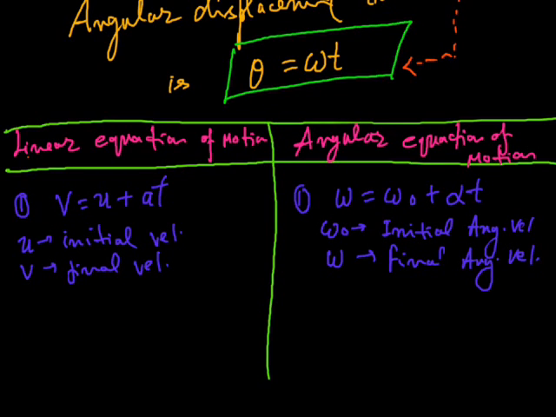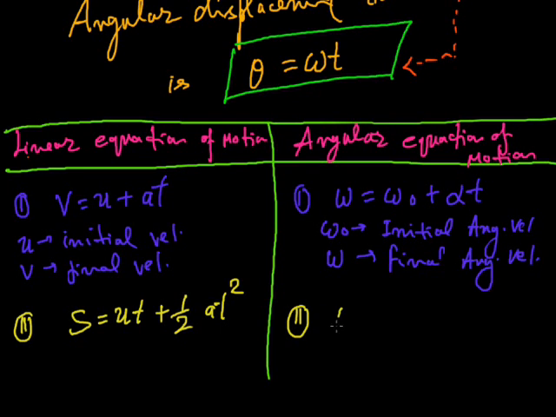And second equation will be s is equal to ut plus half at square. Same as here, s means linear displacement, here angular displacement theta will be omega 0 t plus half alpha t square.